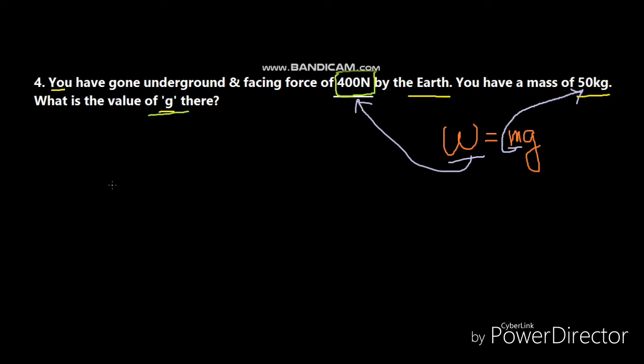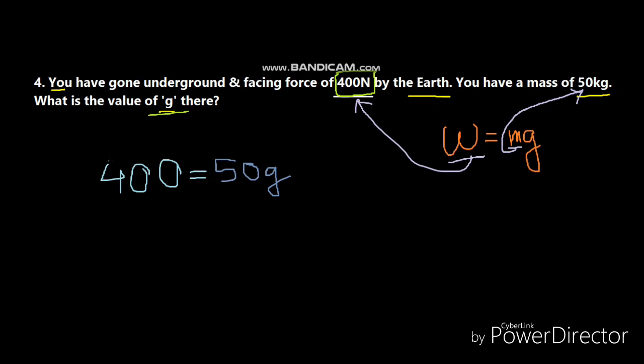So easily put this information in the formula. We will put 400 newton instead of W here. I'm not putting the unit here. So 400 equals mass times g, and the mass is 50 kilogram, so 400 equals 50 times g.